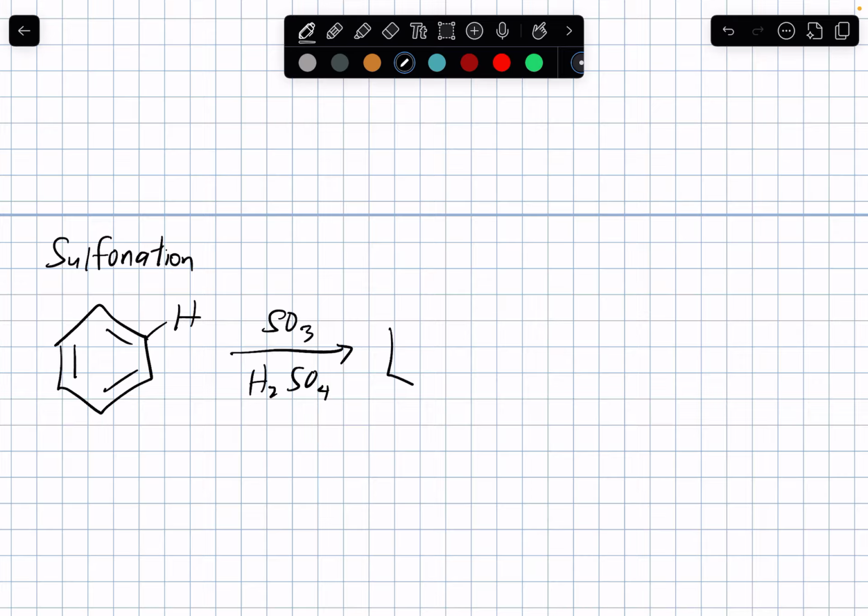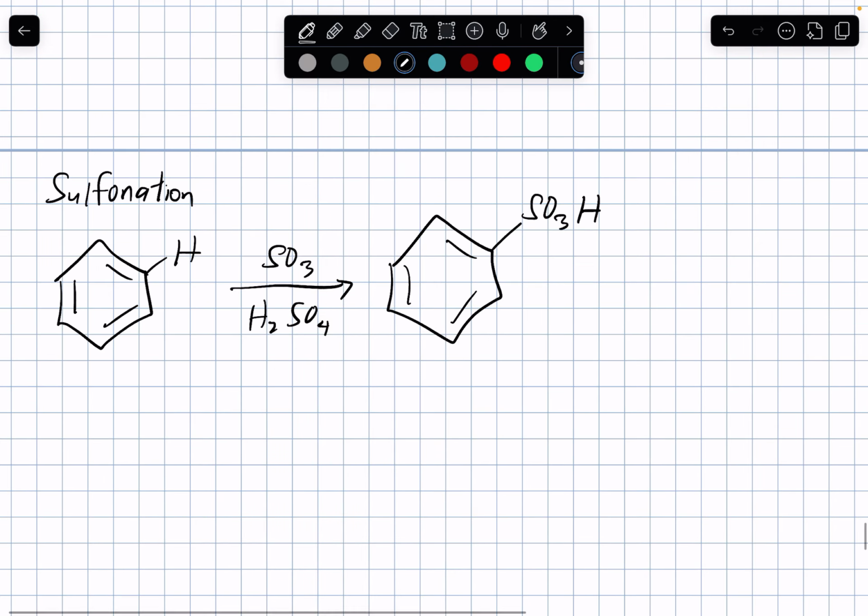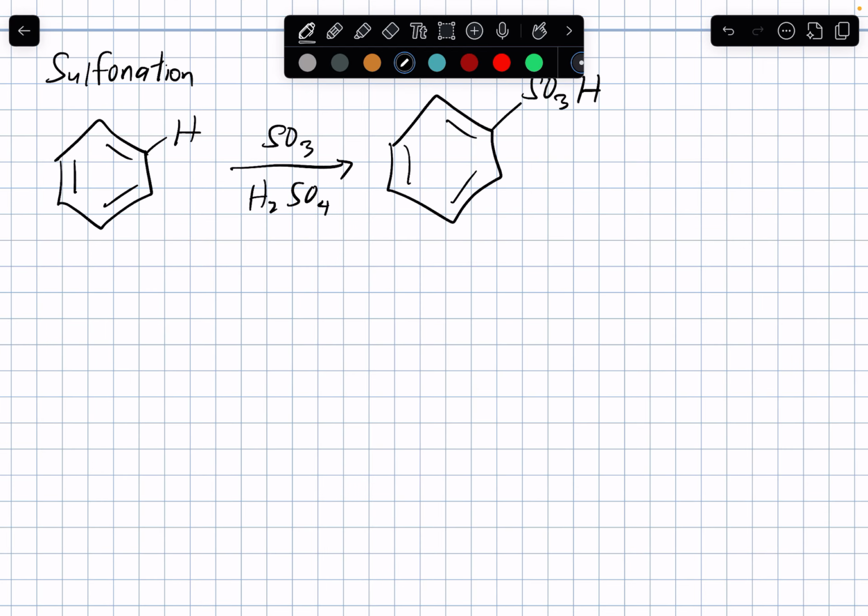Just SO3. And then this becomes SO3H. Benzene sulfonic acid. Okay. So what's the mechanism?